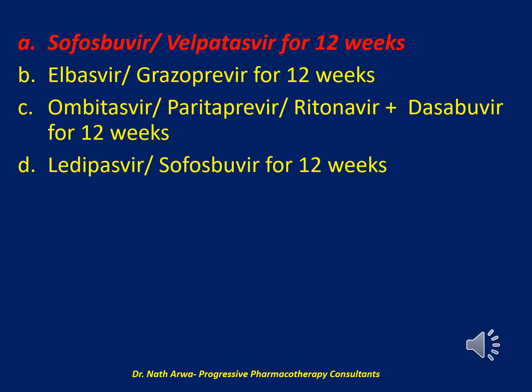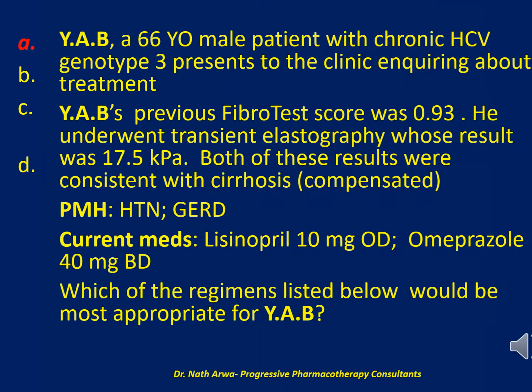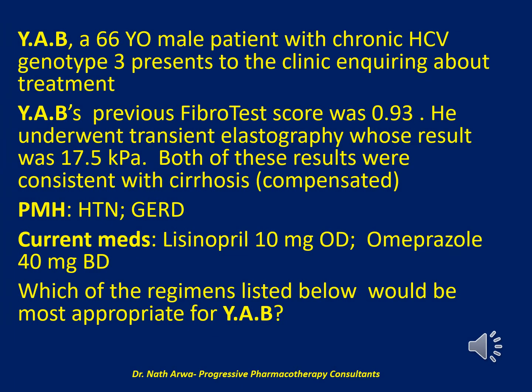Please progress to the next question. And the next question reads, YAB, a 66-year-old male patient with chronic HCV genotype 3, presents to the clinic inquiring about treatment. YAB's previous FibroTest score was 0.93.